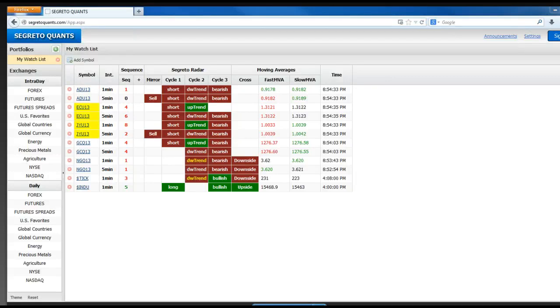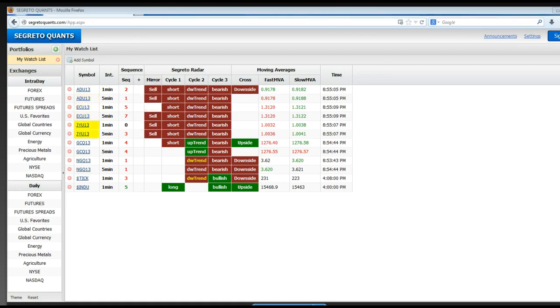What I'm doing is syncing up my 1 minute and 5 minute charts and putting them right side by side so that you can see what I saw last night when I entered.